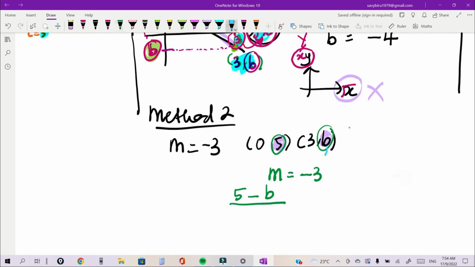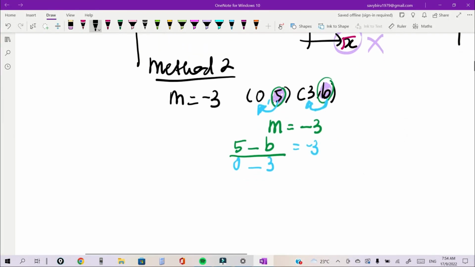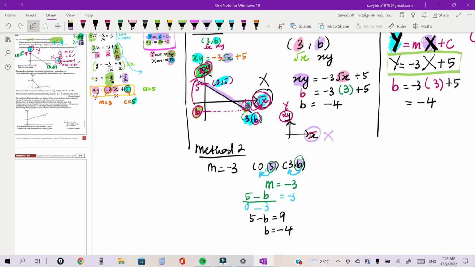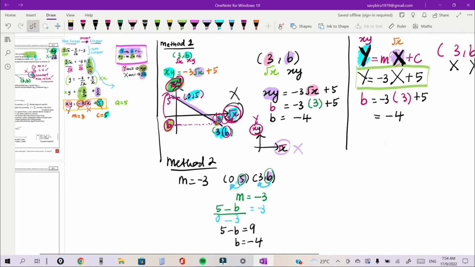Alright, and then bawah 5 ada 0. Bawah B ada 3 minus. Okay, so bila you modify, after modify B you akan dapat negative 4, the same answer. Okay, so you have 2 methods to solve B, to find B. Alright, okay, done.